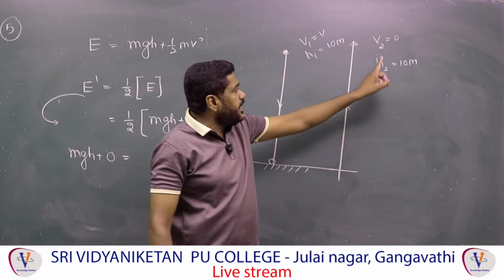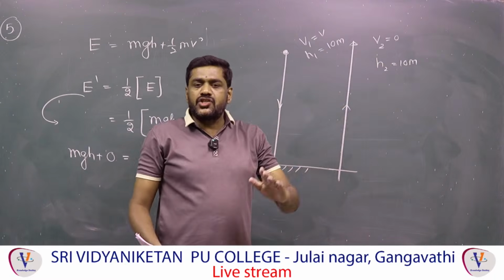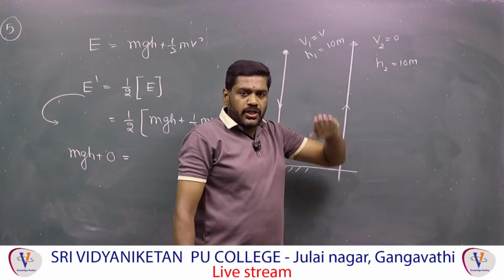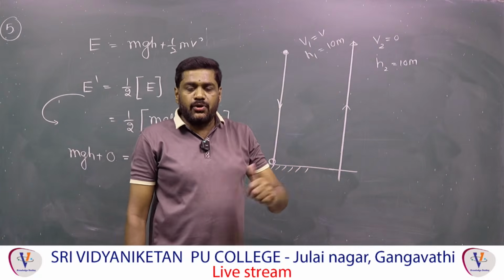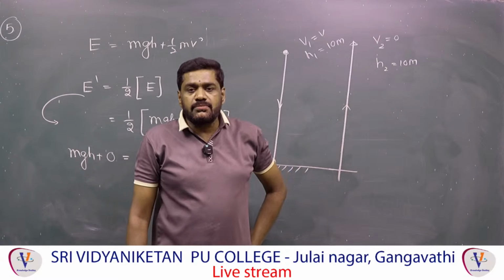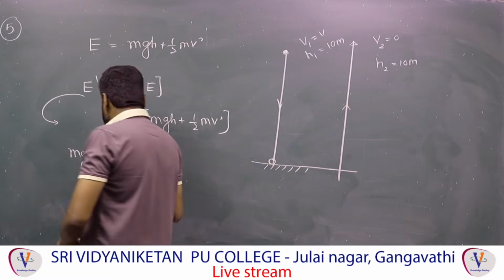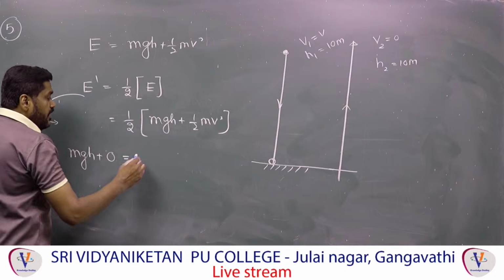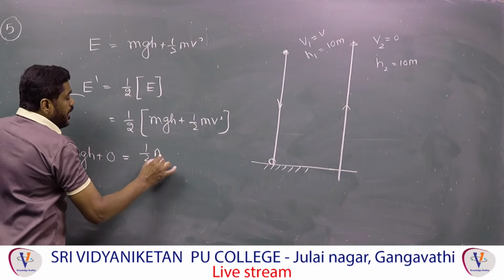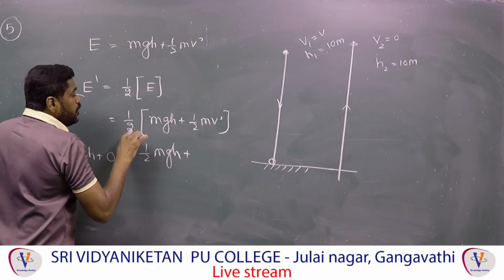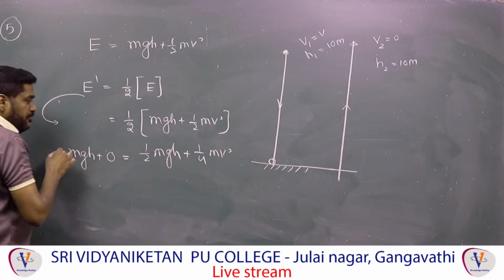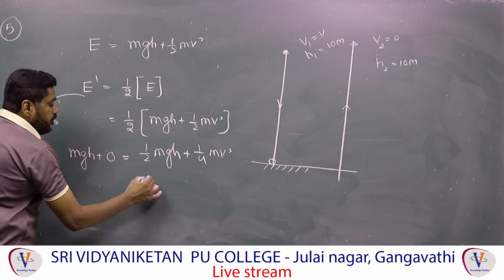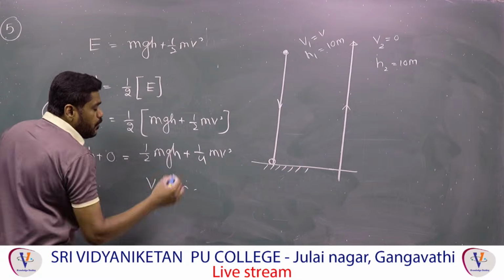When the kinetic energy becomes 0, then the body will stop there. Means the body has to come there and the body should stop there. Then and only then the final velocity becomes 0. Therefore, I am not substituting the half mv square. That is equal to half mgh plus half mv square, and if you simplify, m cancels, and from this you will get v as the answer.